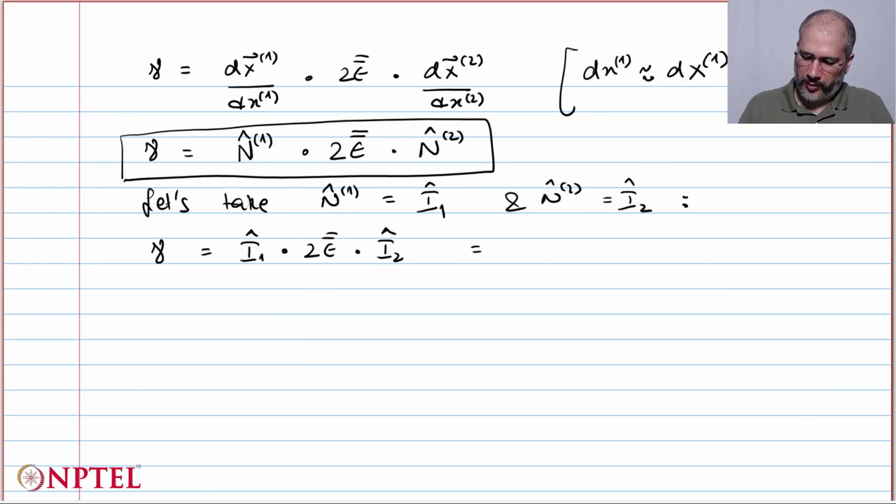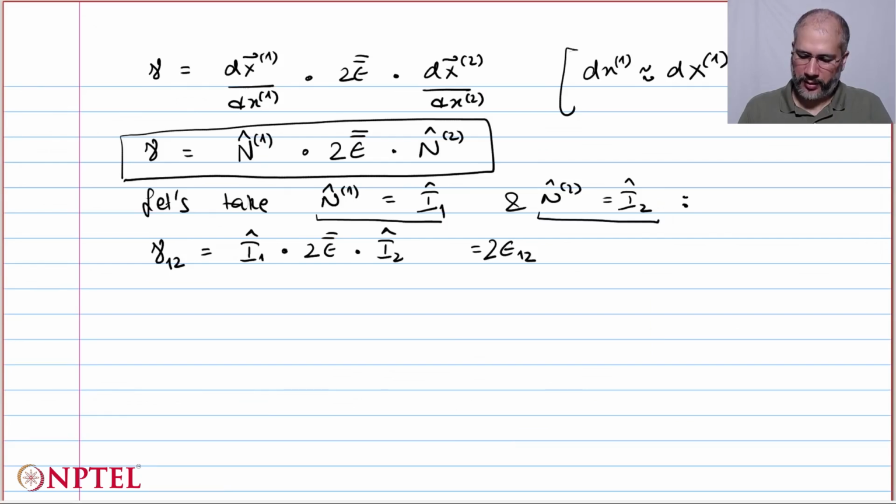Now this simply becomes epsilon 1, 2. And you can see that if you expand everything in the matrix notation or you choose the initial notation. And since we're talking about taking n1 hat along I1 and n2 along I2, I'll call this gamma 1, 2. Because I'll have lots of gammas now depending on the choice of n1 hat and n2 hat.